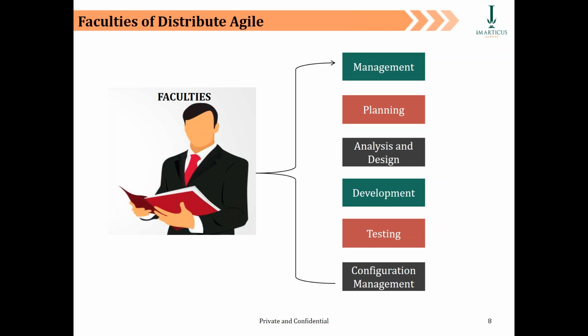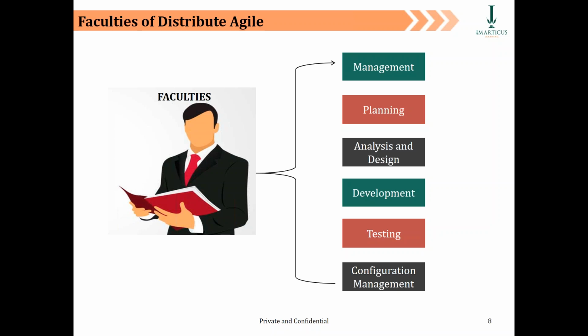So what are the different faculties which you must learn or act as a Scrum Master? I would say these are the 6 different caps or hats which you must wear on your head as an Agile coach. First, management of the overall team. Planning, which is general project planning, or call it sprint planning.